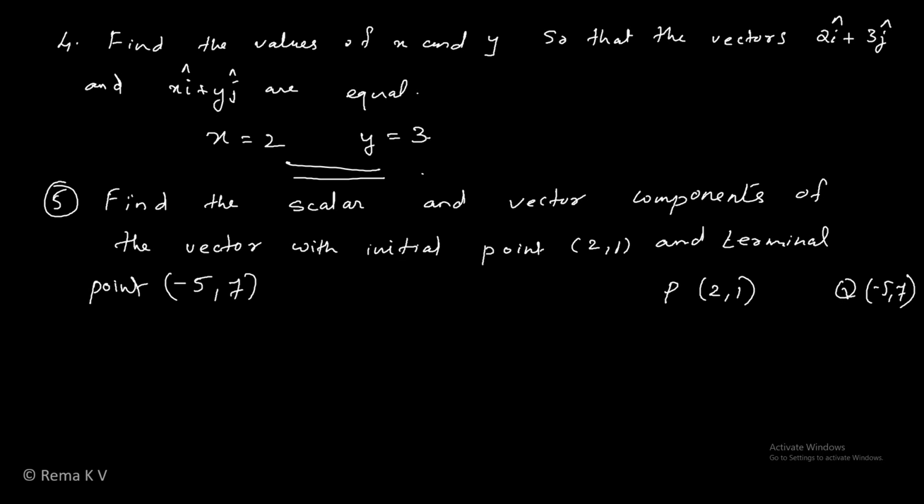Then vector PQ is given by, when 2 points are given, how can you write the vector?